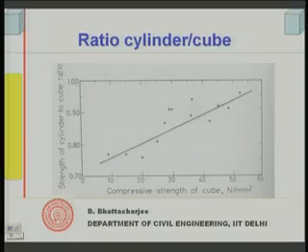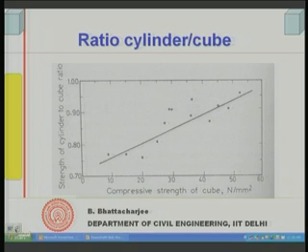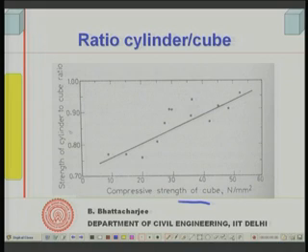So, the conversion is generally required at times, and it has been observed, if you plot the compressive strength of cube on the x axis in MPa and the corresponding cylinder strength, that depending upon the compressive strength itself, the cylinder to cube strength ratio would change, right. As the compressive strength increases, this ratio also changes, but it fits into a good straight line.